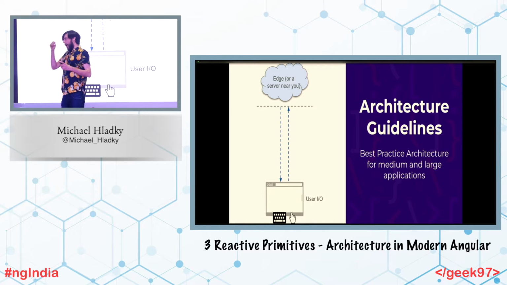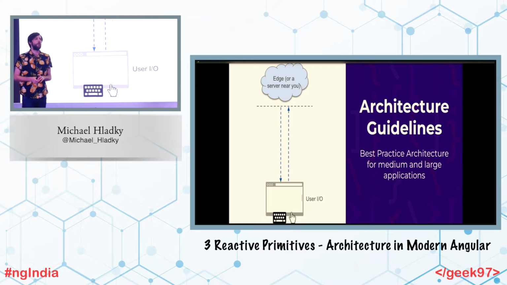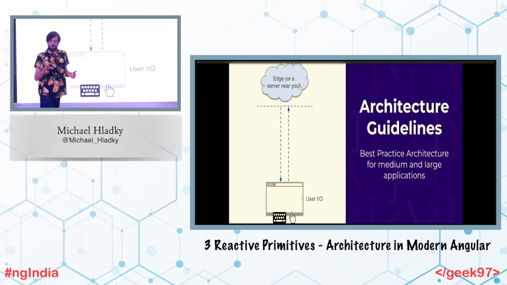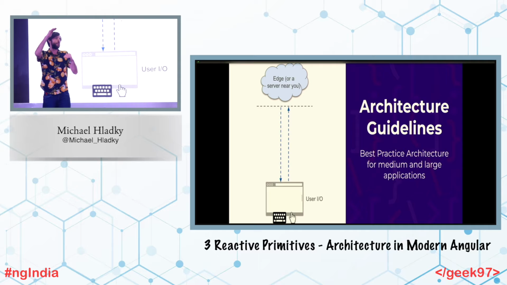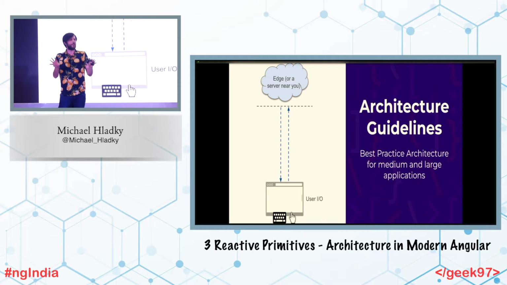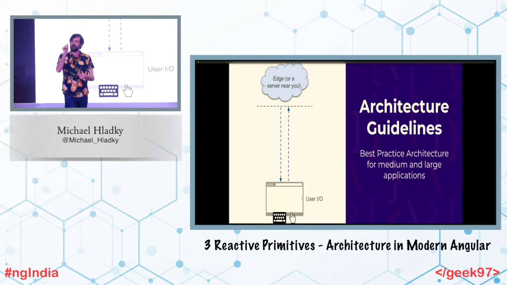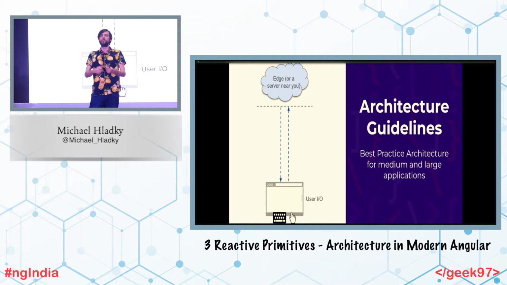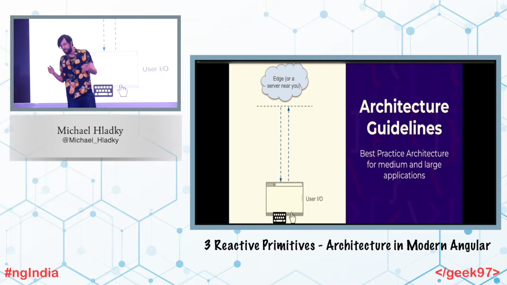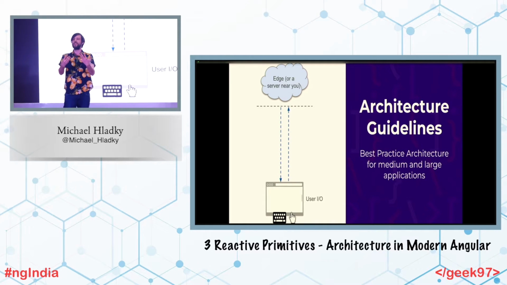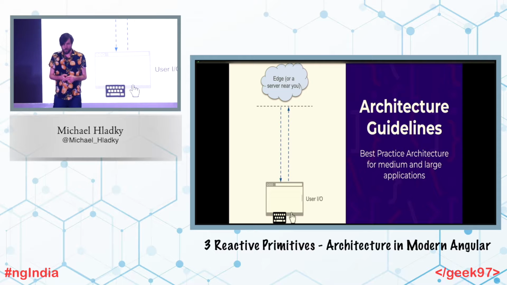Today, I want to talk about the very big picture of front-end applications. Your application lives basically between 2 different edges. The upper edge is what I call the edge, or the closest server, and the lower part is the screen, the pixels that get colored, and your user input devices like a keyboard, a mouse, or anything else that can give input to your computer.